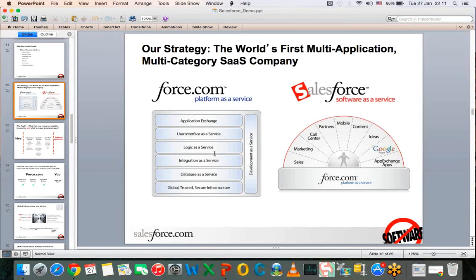Going to the next slide. As I said, there are two different things: Force.com and Salesforce.com. Salesforce.com is a built-in application on the Force.com platform. It's ready to use and is built on Force.com, which is a platform as a service.